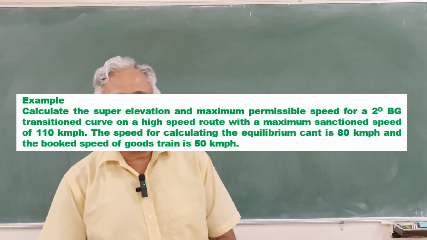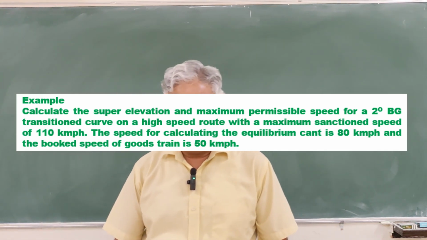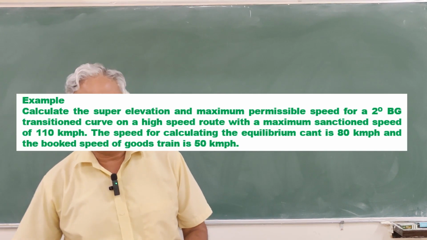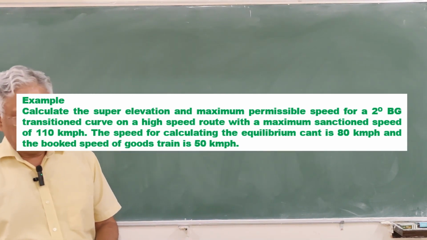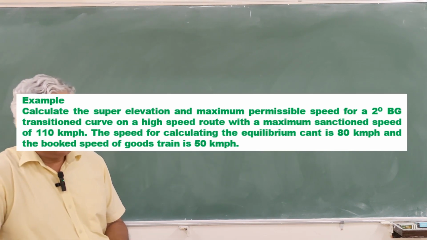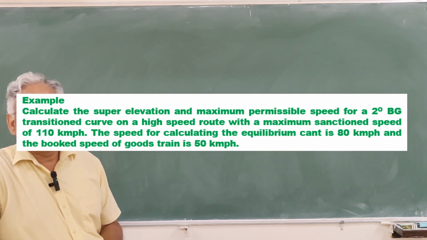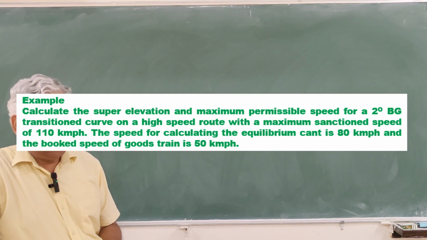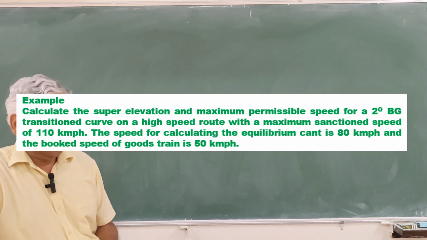Calculate the superelevation and maximum permissible speed for a 2-degree broad gauge transition curve on a high speed route with maximum sanctioned speed of 110 km per hour.